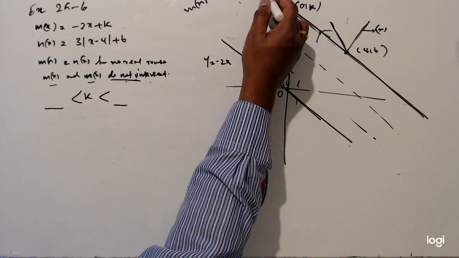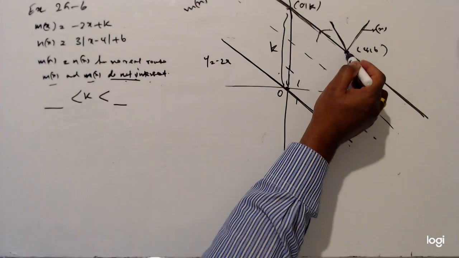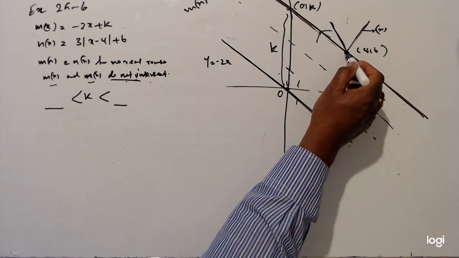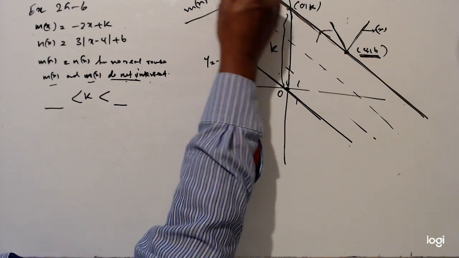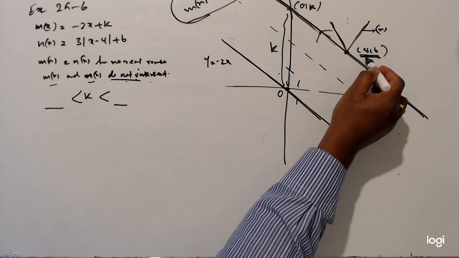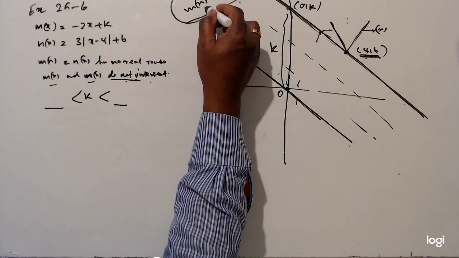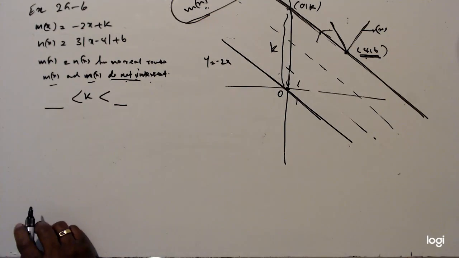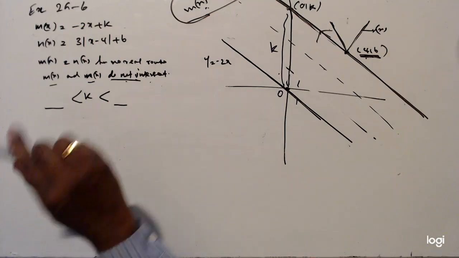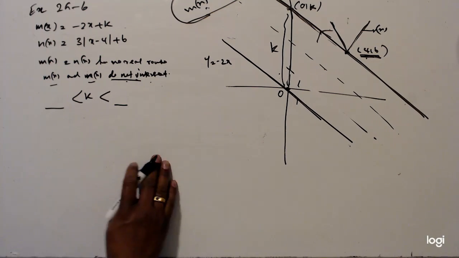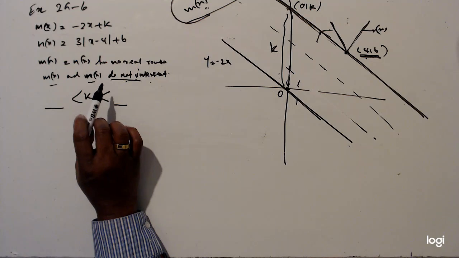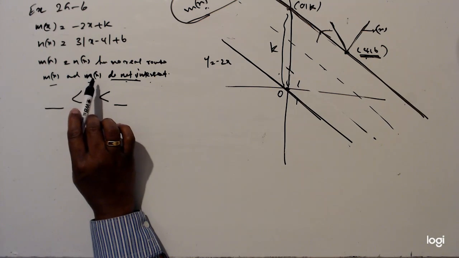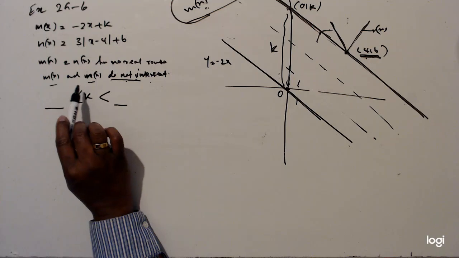So if these two graphs intersect at this point, it means this 4, 6 point is on this line. The 4, 6 point satisfies this equation, and then we'll find the value for k. So that's the plan. So we want to find the range for k value so that mx and nx do not intersect.